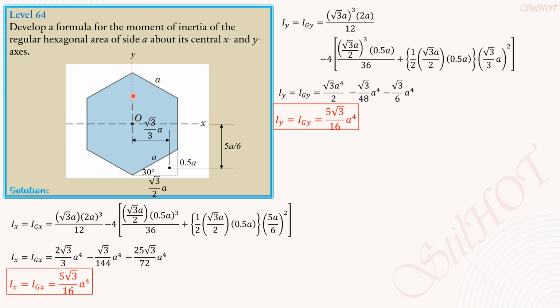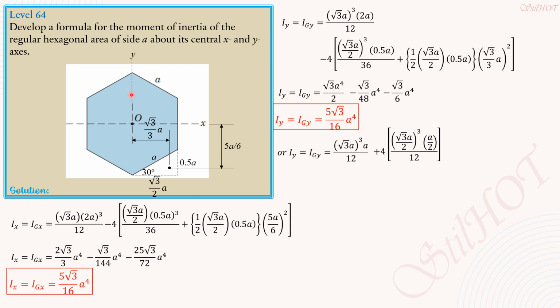The moment of inertia with respect to the base, this base here, is square root of 3 over 2 a quantity cubed times height 0.5a over 12, times 4. So Igy equals square root of 3 a cubed times a over 12, minus 4 times square root of 3 over 2 a cubed times a over 2 over 12.